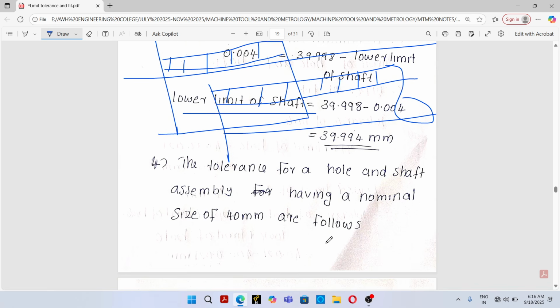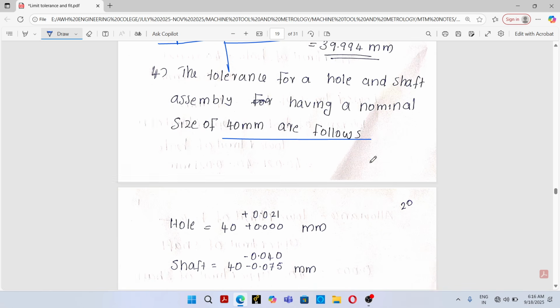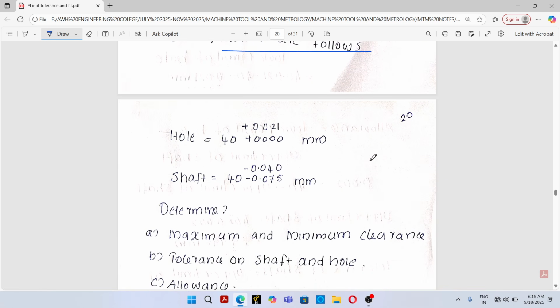Then we have the last problem. Tolerances for a hole and shaft assembly having a nominal size of 40 mm are as follows. Hole: basic size 40, upper limit plus 0.021. Shaft: basic size 40, upper limit minus 0.040, lower limit minus 0.075 mm.